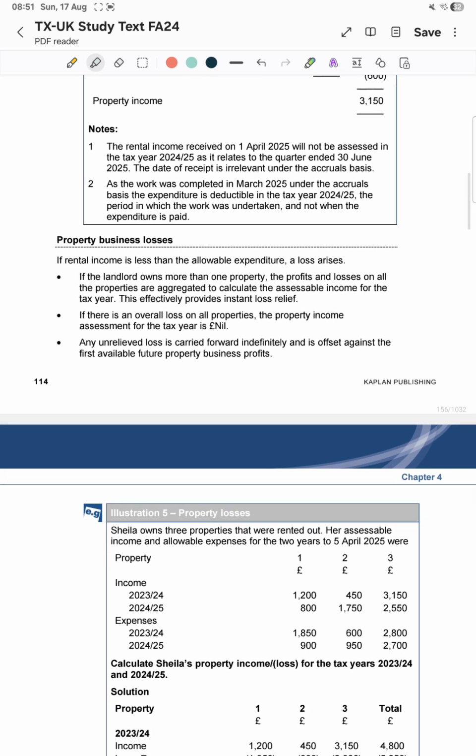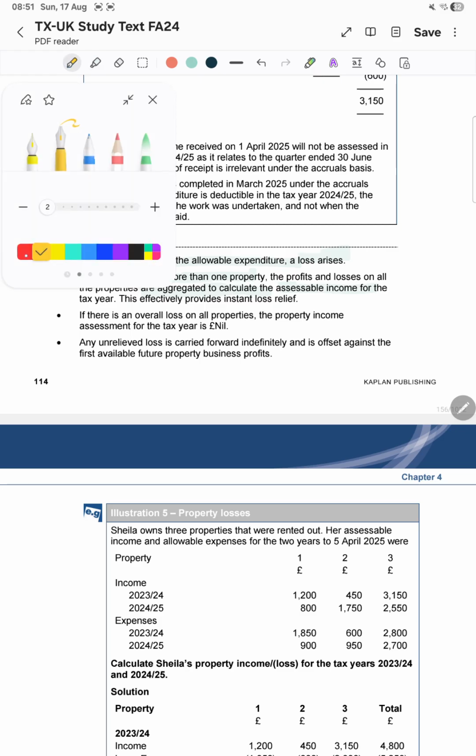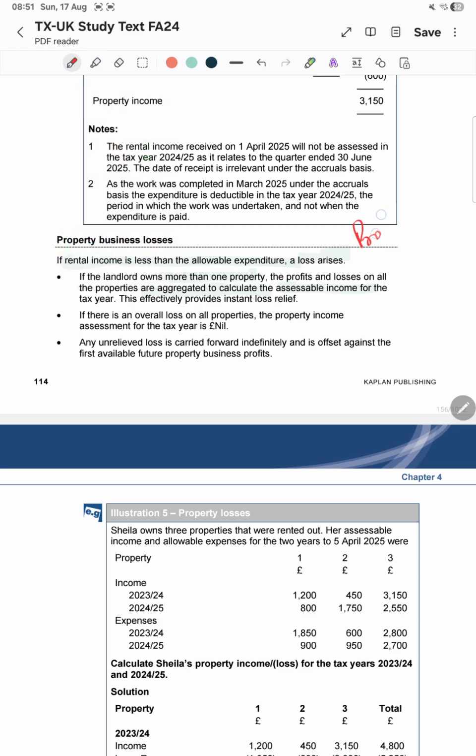Now, property business losses. If the rental income is less than the allowable expenditure, a loss arises. If a landlord owns more than one property, profit and loss on all properties are aggregated to calculate the assessable income, which means profit of one property less loss of another property.